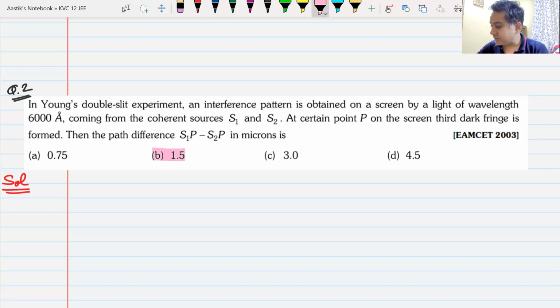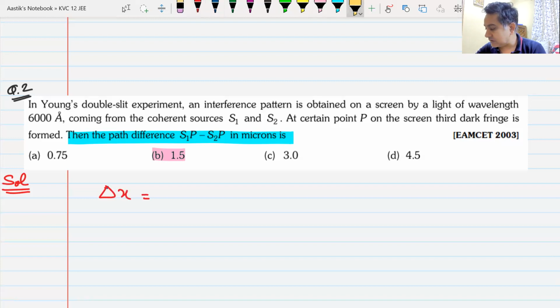Basically, they're asking you the path difference, delta x, for the third dark fringe. You already know the path difference for the third dark fringe. So it is (2 into 3 minus 1) into lambda by 2.